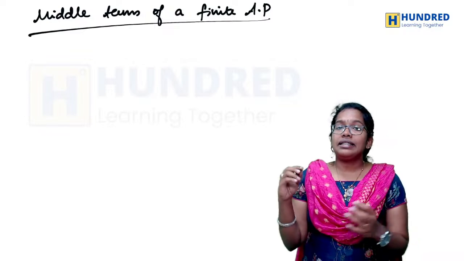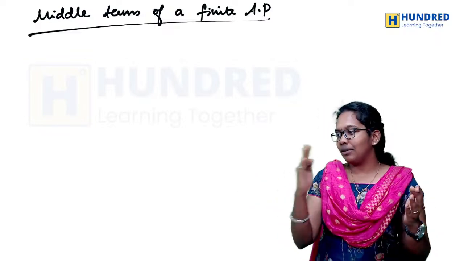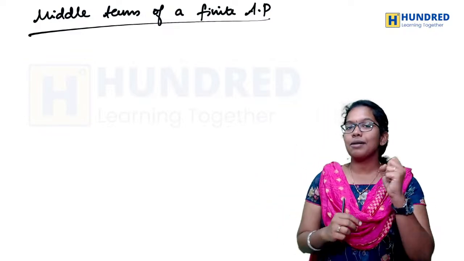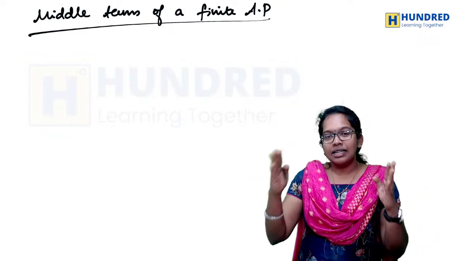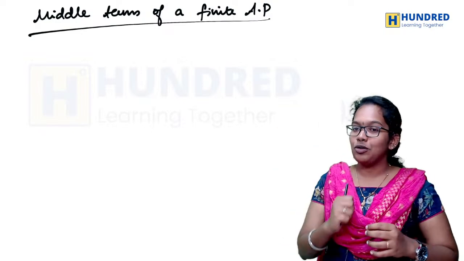So இப்போ middle term அப்படின்னா, உங்களுக்கு ரெண்டு possibility இருக்கும். என்ன possibilities இருக்கும்? உங்களுக்கு அந்த APல finite APனா, கண்டிப்பா அதுல எவ்வளோ number of terms இருக்கும்னு தெரிஞ்சிரும் இல்லையா?